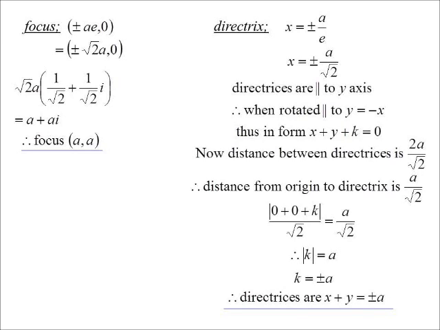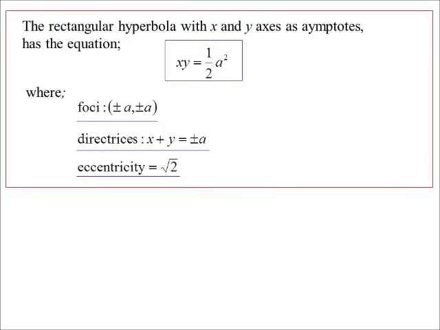But remember, this is when we wrote the equation not as xy equals a constant, it was xy equals a squared on 2. So that's how we work out what a is. So just to summarise that, if we're now saying our rectangular hyperbola has got the x and y axes as the asymptotes, we'll think of it in the form not as xy equals a constant, but xy equals a half a squared, then that will allow us easily to find a.